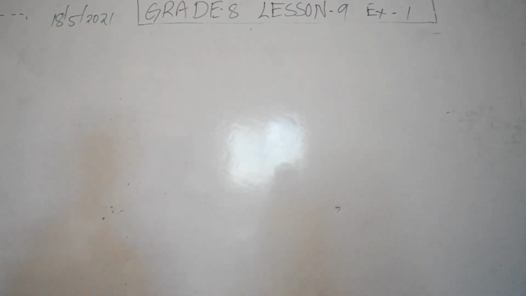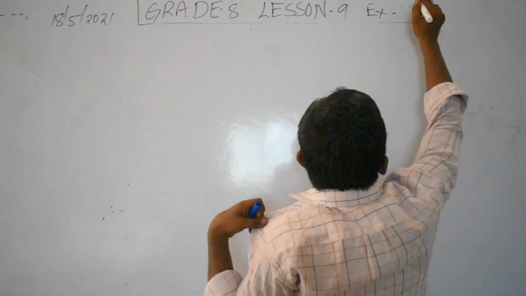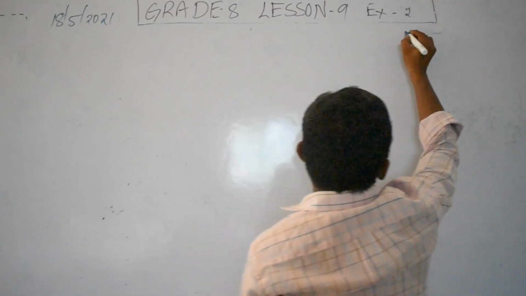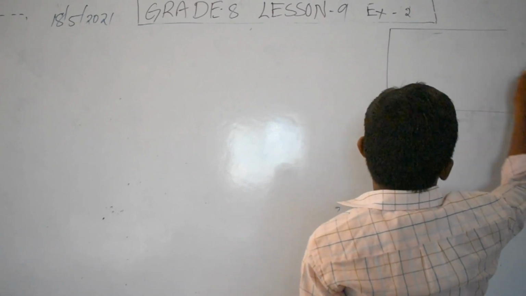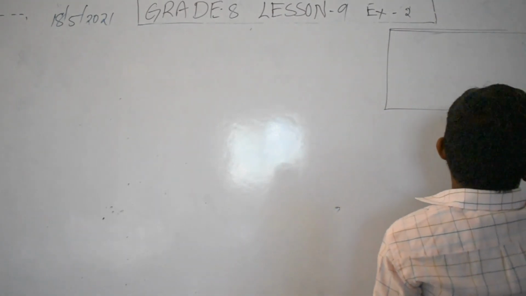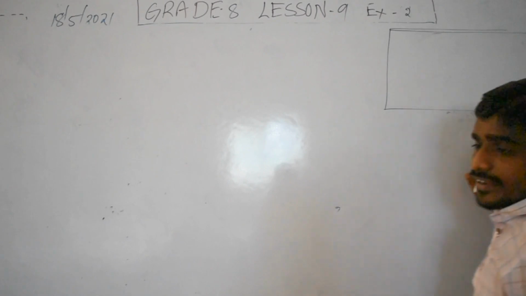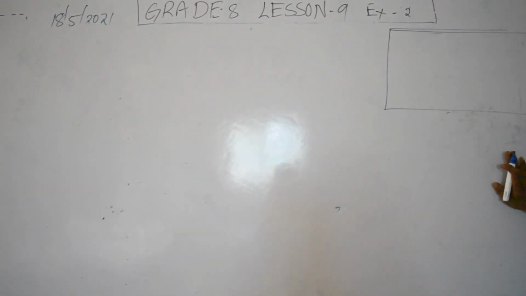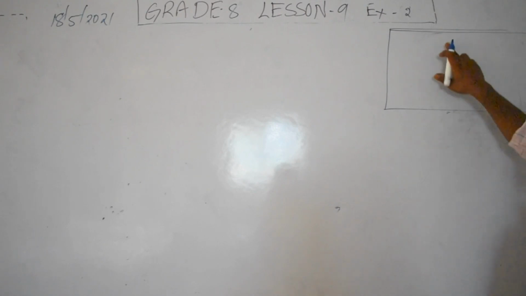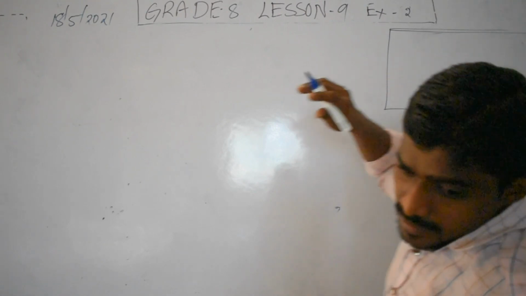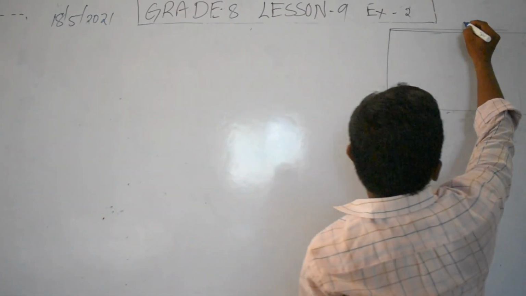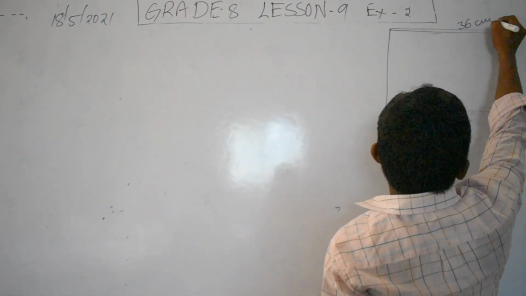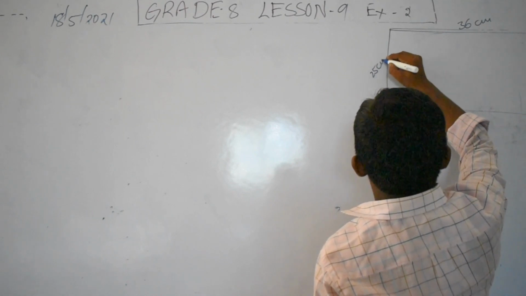Now this is one rectangular sheet. They are asking, see, this length how much? 36, this length. This length is 25 centimeters.